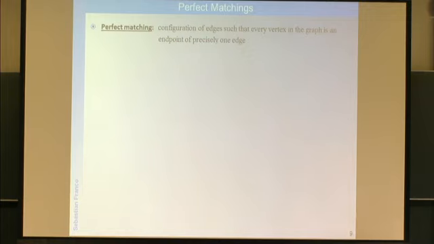A perfect matching is a configuration of edges such that every vertex in the graph is an endpoint of precisely one edge. Here is the unit cell of the graph I'm discussing so far, and the edges in the perfect matching are shown in red, and every node is exactly the endpoint of one red edge. Okay? So that's the definition.